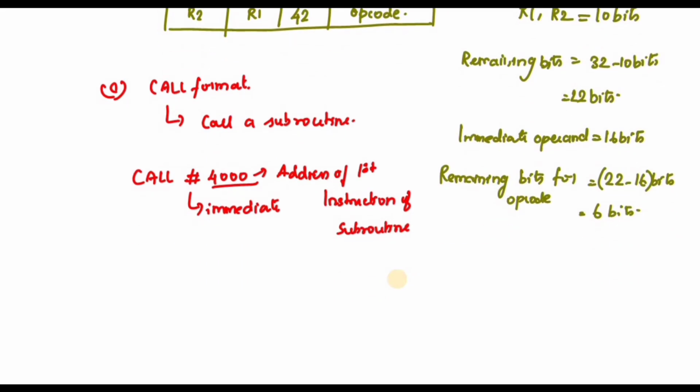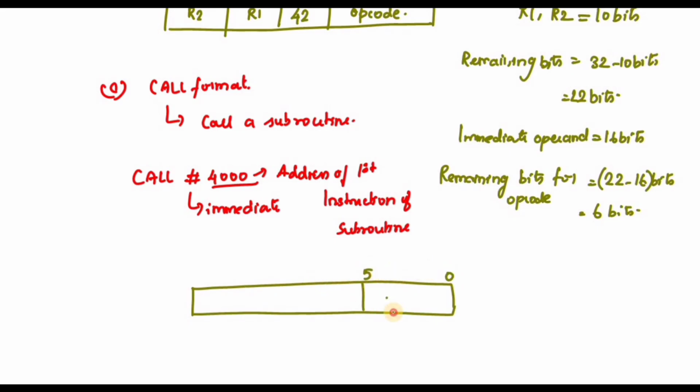For this one, it is going to assign 6 bits, similar to the immediate operand. So it will assign bits 0 to 5 for the opcode. Since it is 32 bits, bits 6 to 31 are for this immediate value.